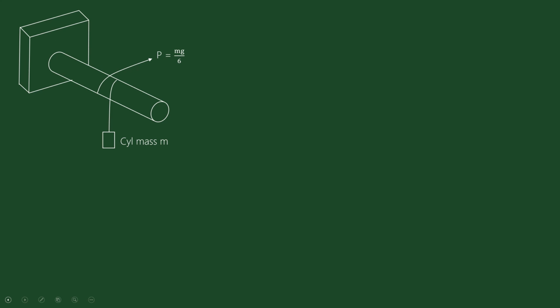A cylinder of mass m is given. So, we have to convert that mass in terms of weight. We know that W is equal to mg. So, the weight of the cylinder is equal to mg. On the other side, the force is given as P, mg upon 6. So, given P is equal to mg upon 6. Now, compare that.